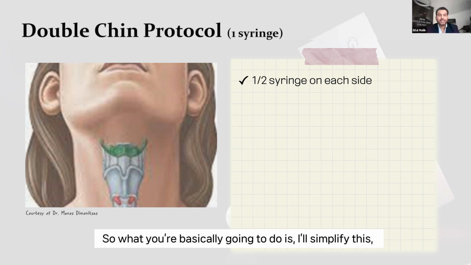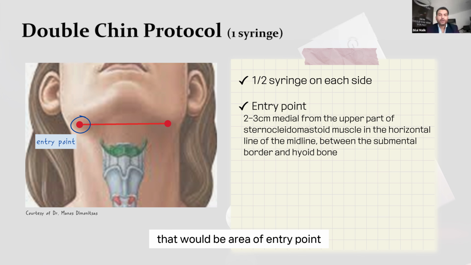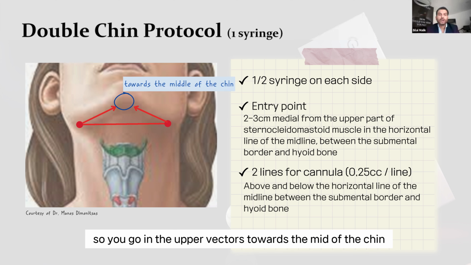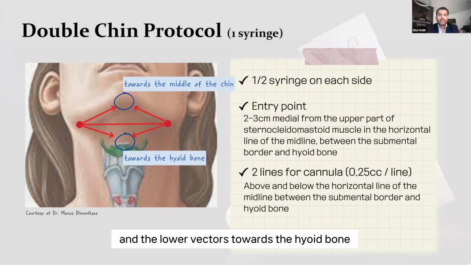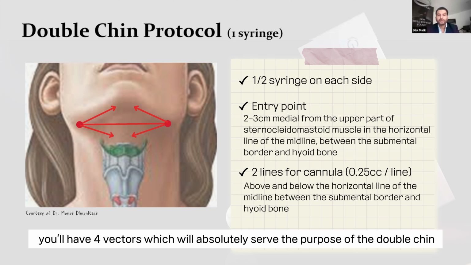The way I explain it is: at the angle of the mandible, make the patient look all the way up, and from one angle of the mandible to the other, draw a straight line. That would be your area of entry points. So you go in with the upper vectors towards the mid of the chin, and the lower vectors towards the hyoid bone, and you will have the 4 vectors, which will absolutely serve the purpose for the double chin in this scenario.